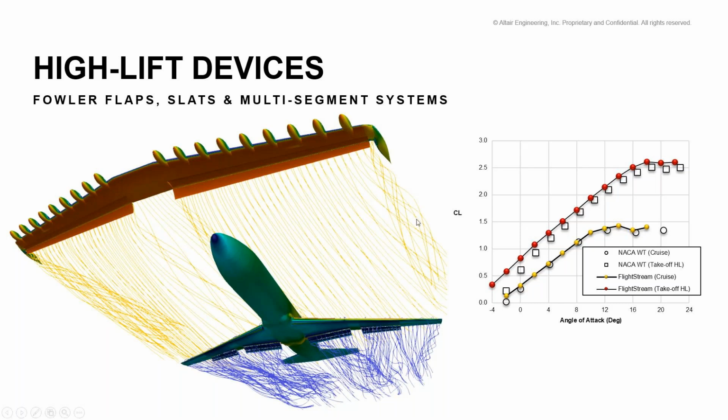You can see the results right here, CL against angle of attack, as we increase the angle of attack from -4 to 24, and you can see how nicely it matches for both the cruise condition and the takeoff condition.